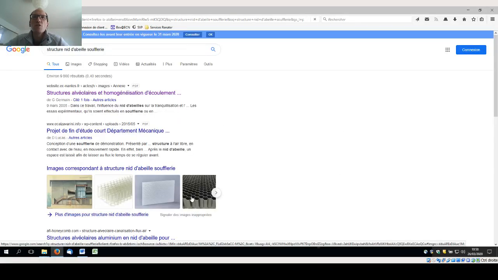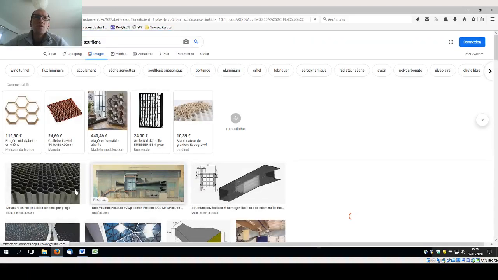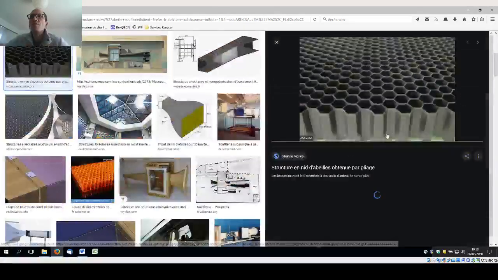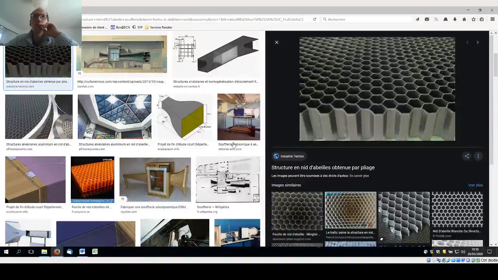But this is such kind of devices, with very small holes, which are put inside the wind tunnel and make the flow more homogeneous.